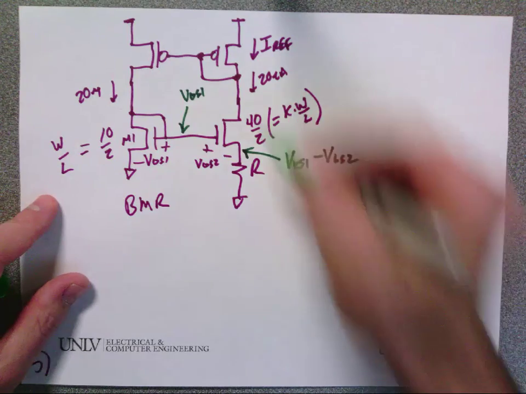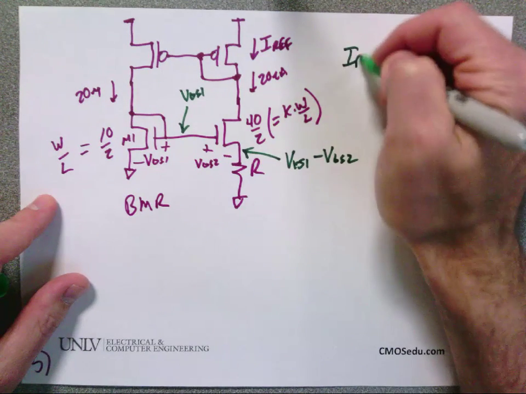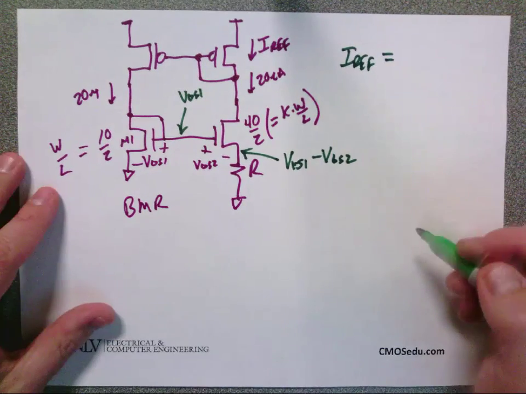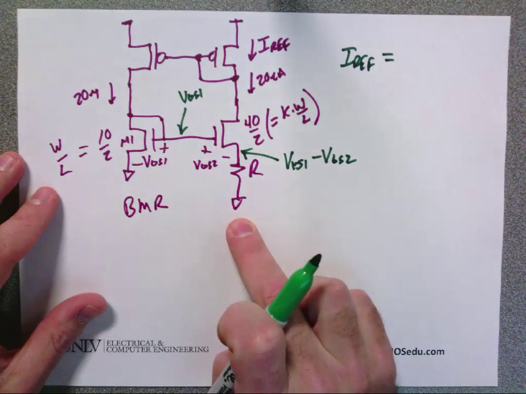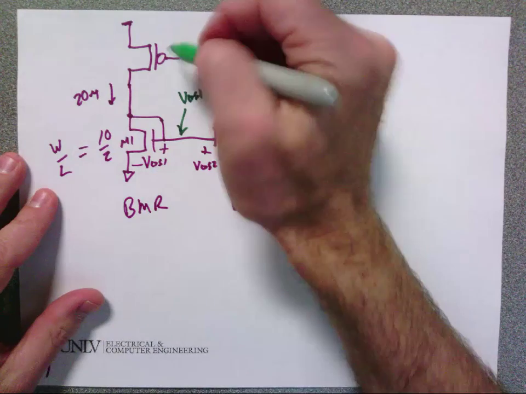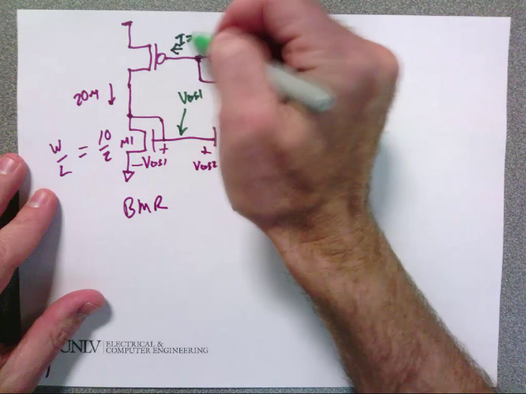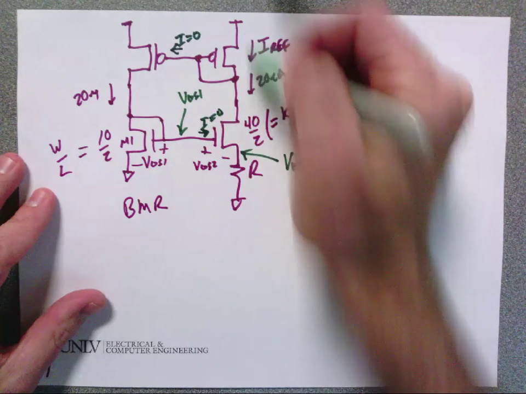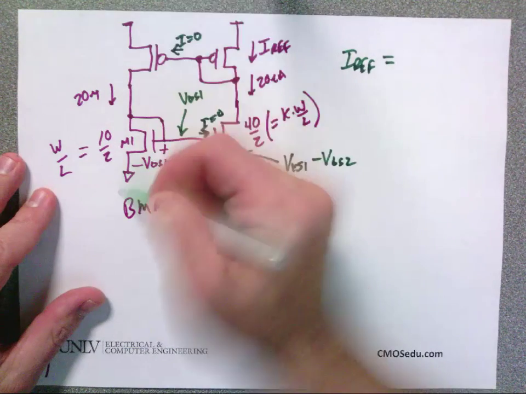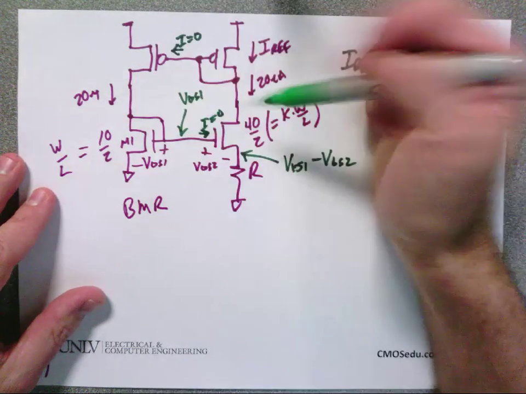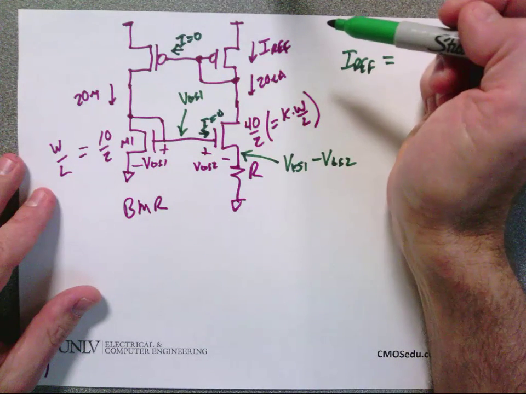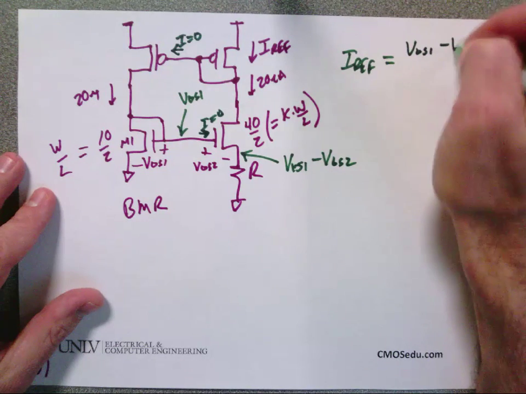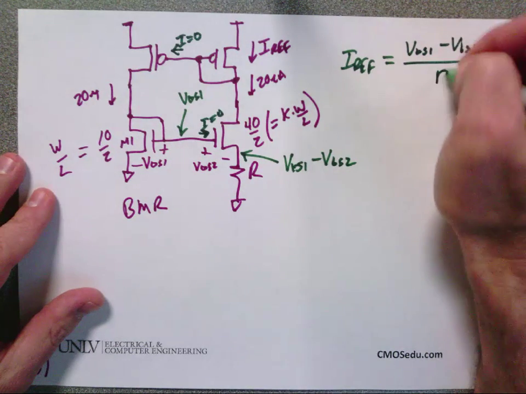So if I ask, what's this reference current? Tell me what it is. VGS1 minus VGS2 over R. Does everybody see no current flows this way? And no current flows this way. So the current that flows through here is not going to flow over in this side. Does everybody follow that? So would you be okay if I wrote VGS1 minus VGS2 over R?